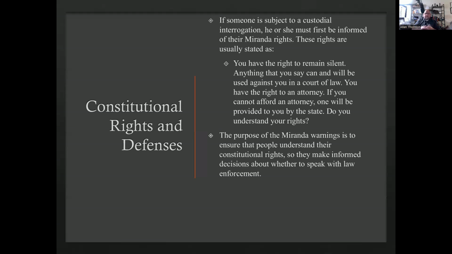Anything you say can and will be used against you in a court of law. You have the right to an attorney. If you cannot afford an attorney, one will be provided for you by the state at the cost of the state. An important part of that is that if you can't afford it, the state pays for that attorney. It's that public defender that they give to those who cannot afford to purchase their own defense.